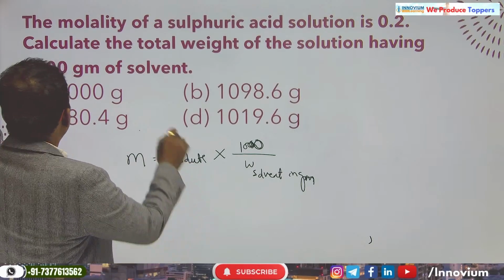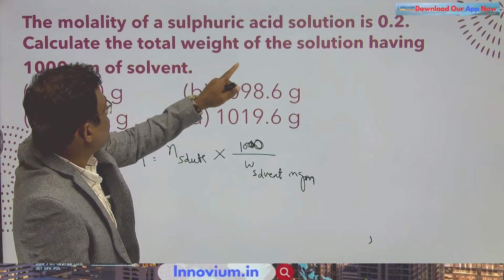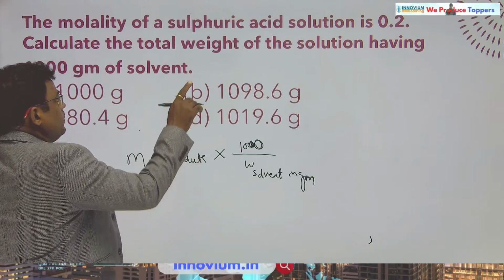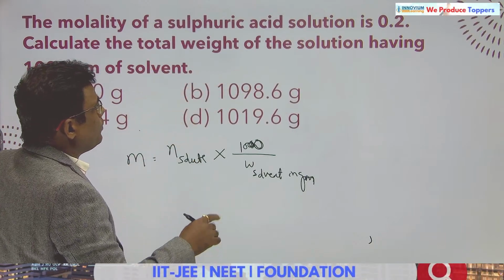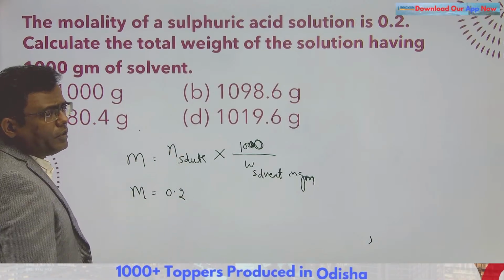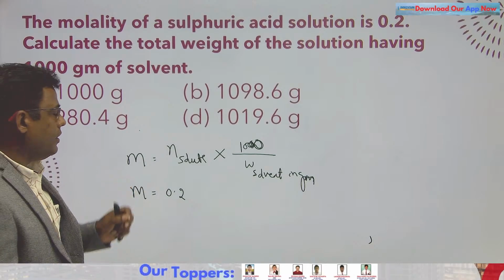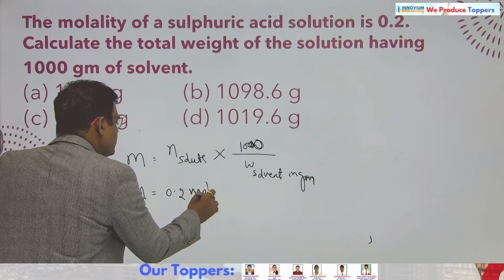Now you see, in this question it is given that the molality of a sulfuric acid solution is 0.2. What is the unit of molality? Molality unit is moles per kg.